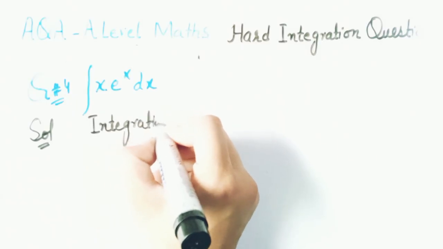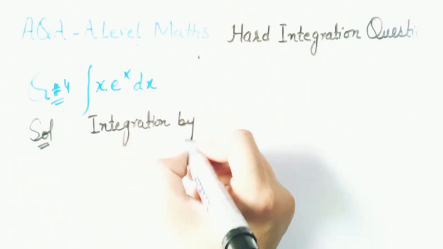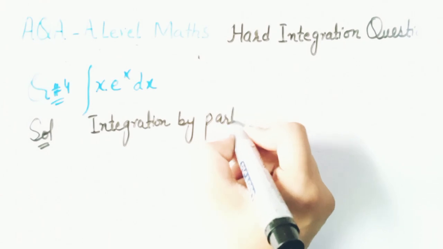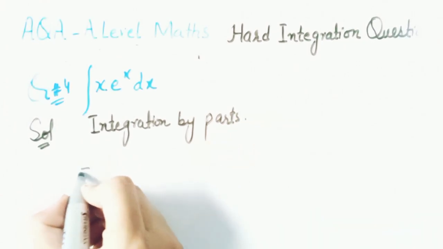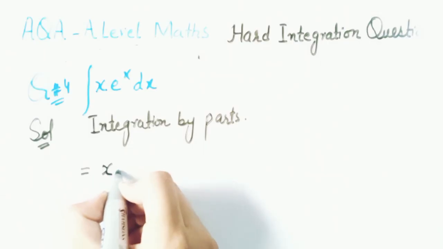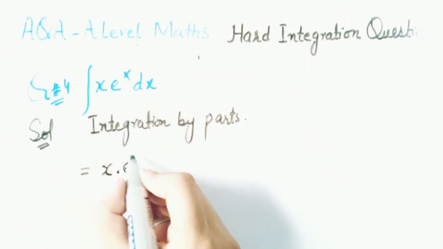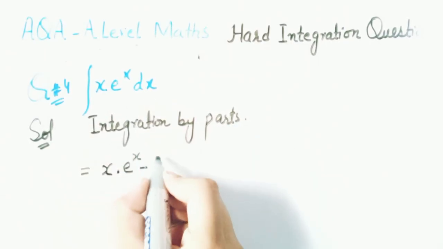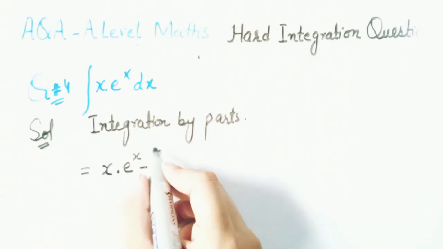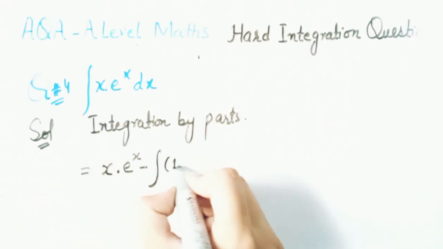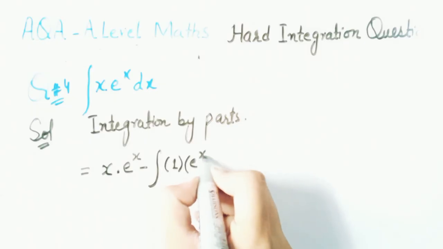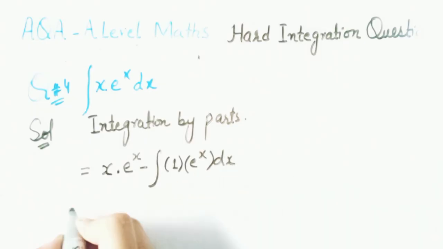Solve this by integration by parts. In this, we take the first function as it is and multiply by the integral of the second function, that is eˣ, minus the derivative of the first function, that is 1, times the integration of the second function dx.